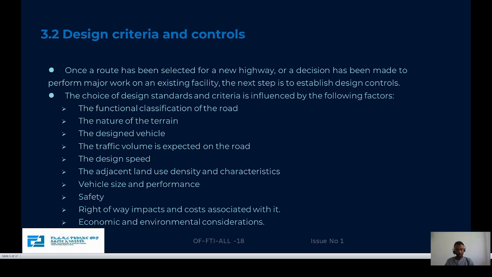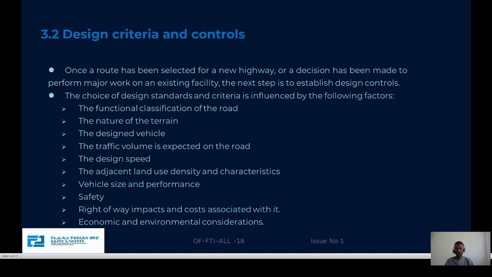And next are the design criteria and controls. Once the routes have been selected for a new construction of a highway, or decisions have been made to perform major works on an existing facility, the next step is to establish the design controls. The choice of design standards and criteria is influenced by the following factors.